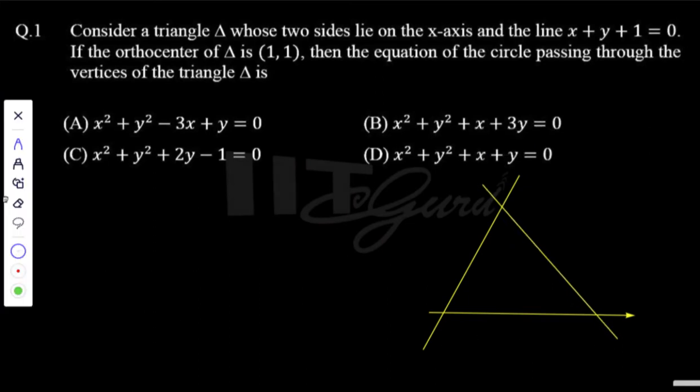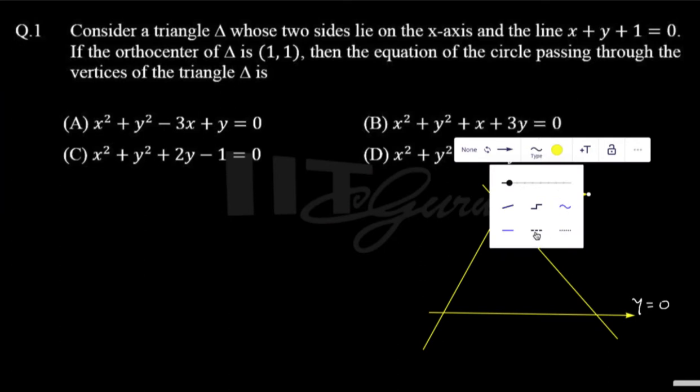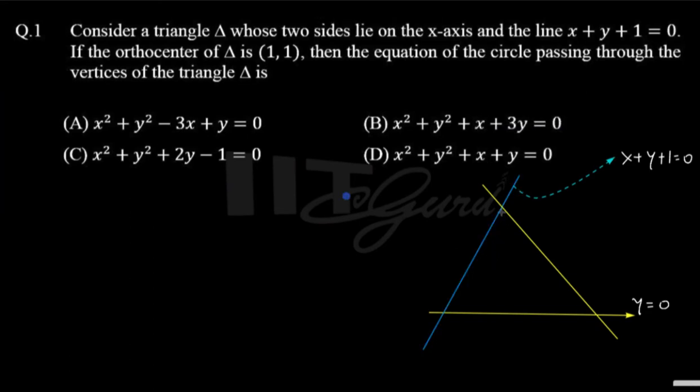So let the 3 sides of the triangle be such that one of the sides is y equal to 0, actually this is the x-axis, and this line, let's say, is x plus y plus 1 equal to 0.